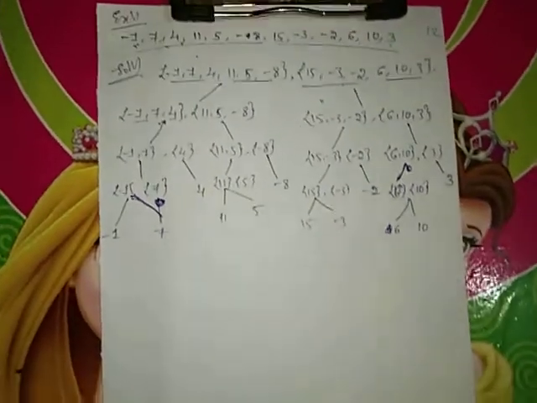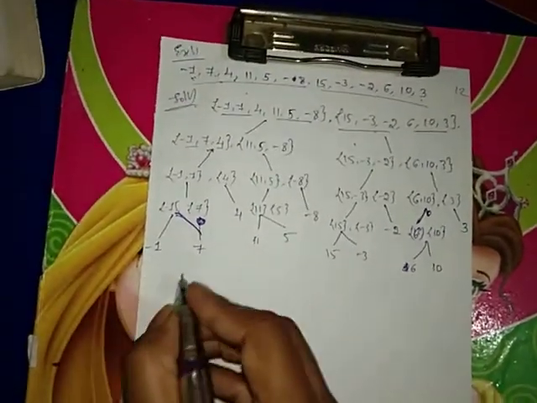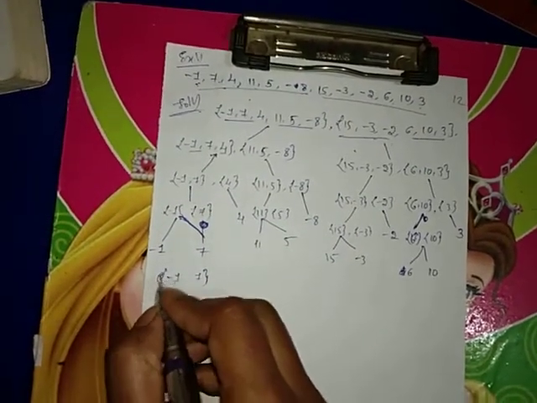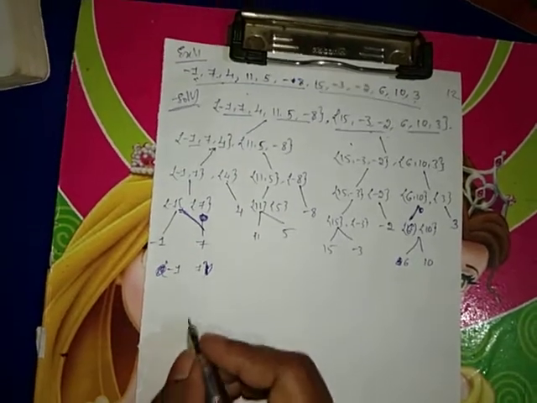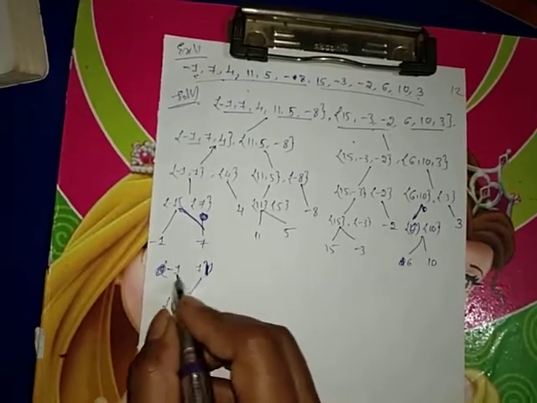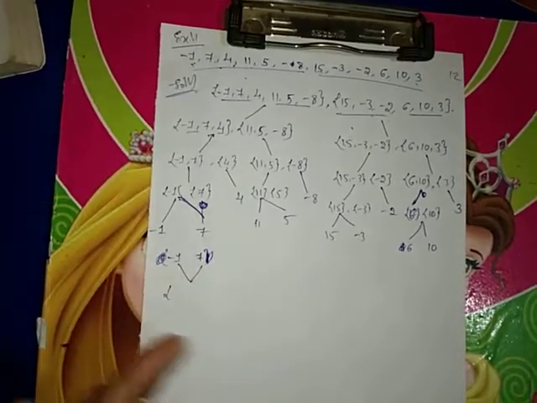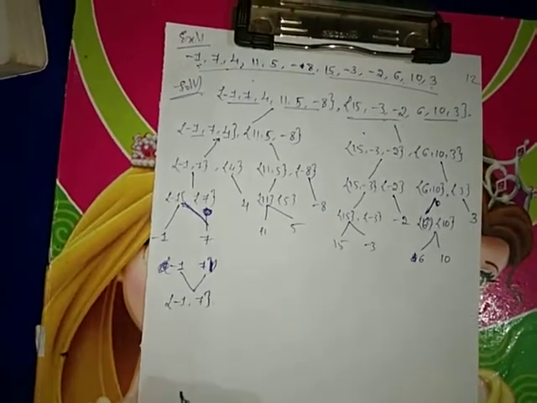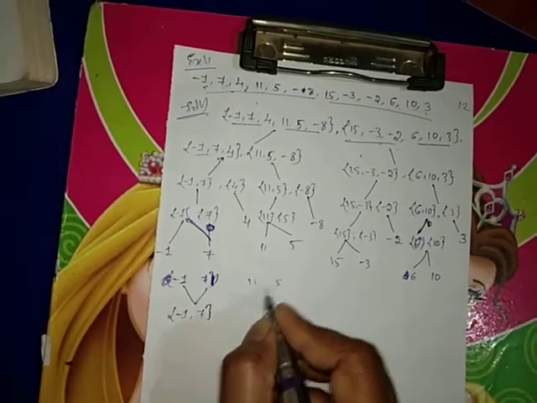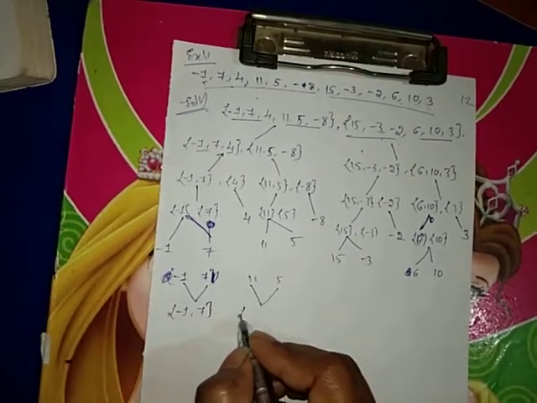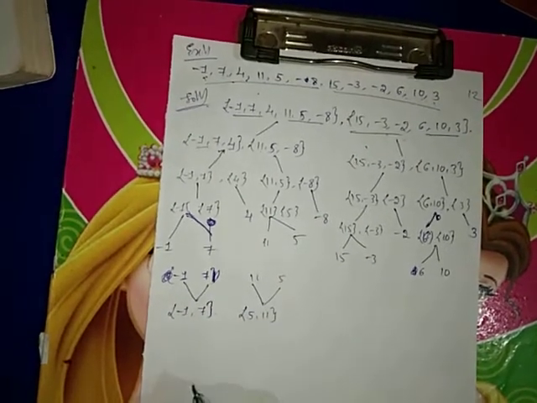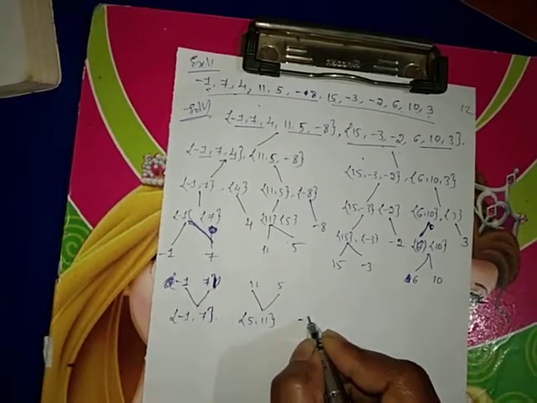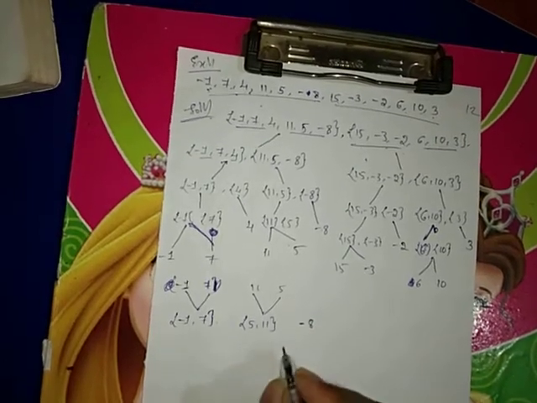Now how to merge it? In the merging, first we have to take the single elements. -1, 7. Combine it. -1, 7. We have to arrange in increasing order. Then 11 and 5. Merge those two. In increasing order, that means 5, 11. And the next one is -8. Combine these two.